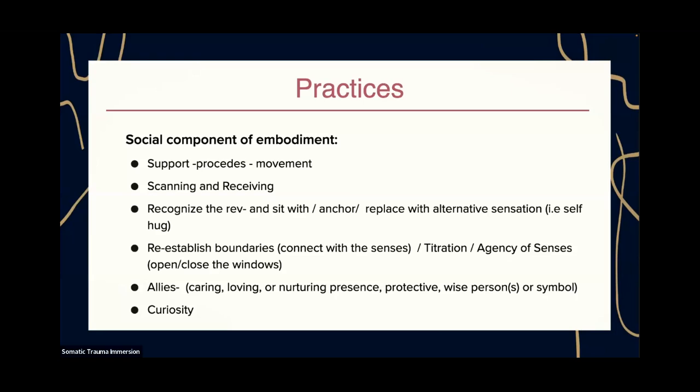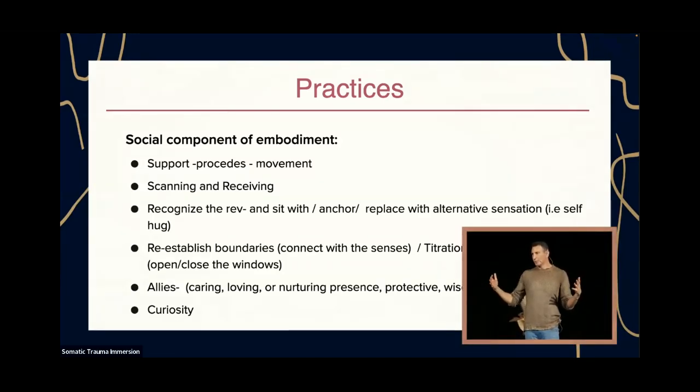We're going to do 2 more practices. The other one is, I'm just going to briefly talk about, because you did it with Albert, allyship, bringing in your allies, those caring, loving, nurturing warriors or wisdom holders or teachers or friends, and bringing them into your space with you as you go on another sensory odyssey.